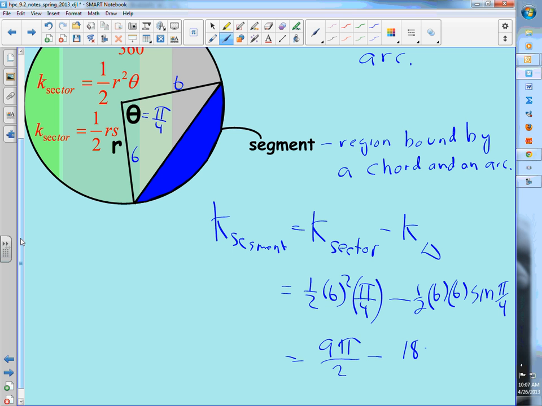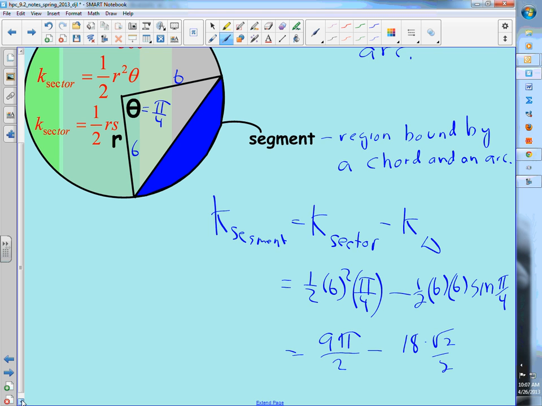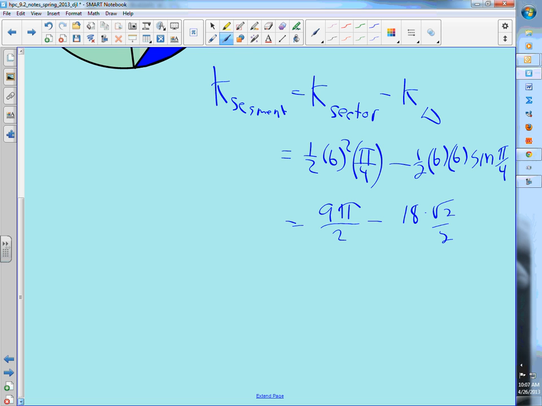Times square root of 2 over 2. So on the no calculator part of your test in this chapter, that's just the reality of it. 9 pi over 2 minus 9 root 2. Units squared is the second area.